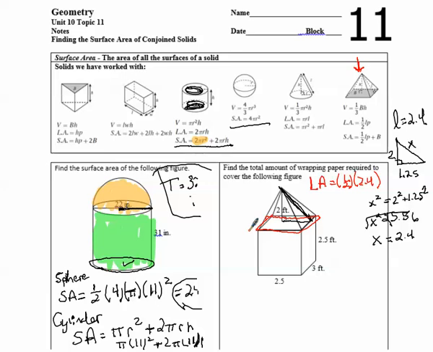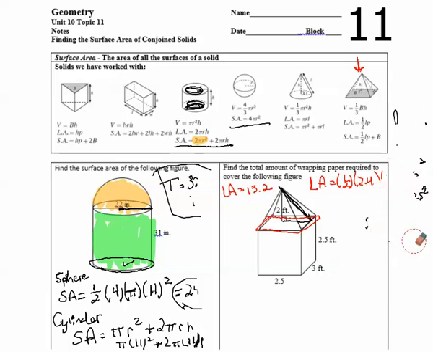However you want to think of it, you should get 11 for your perimeter. So 0.5 times 2.4 times 11 gives me 13.2 for this lateral area. 13.2 is the lateral area of the pyramid.